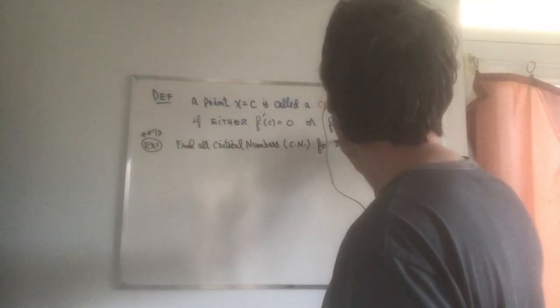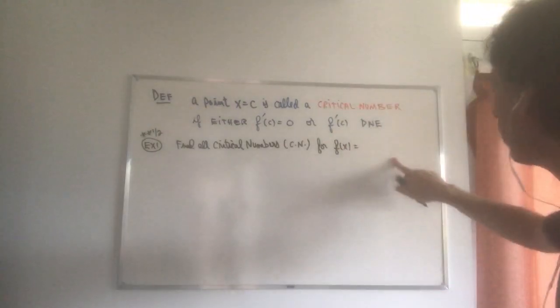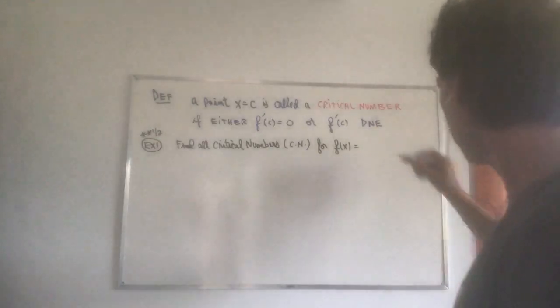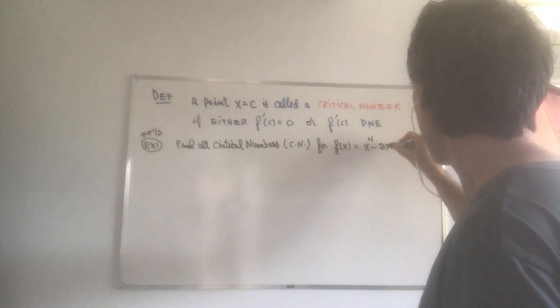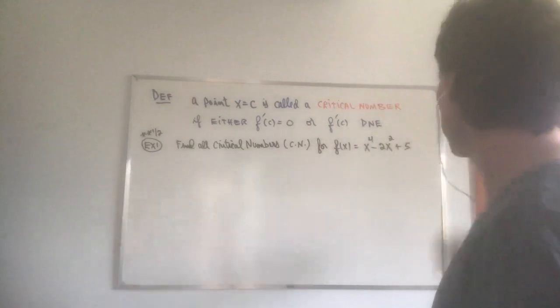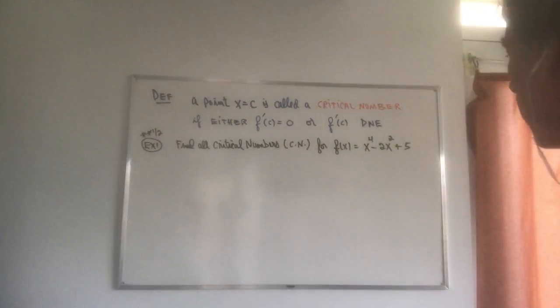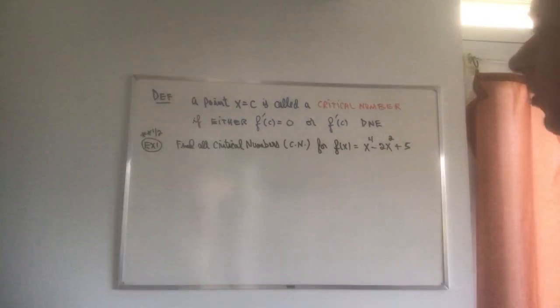For f of x, we have x to the fourth minus 2x squared plus 5. Okay, so I got a fourth degree equation, and I need to find all the critical numbers.